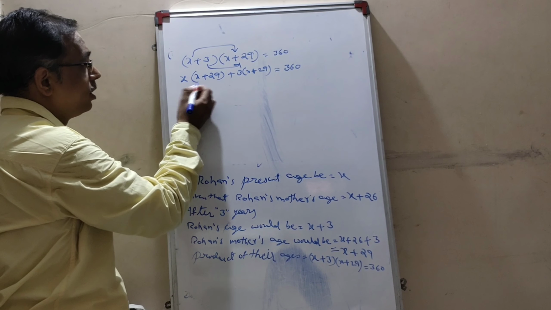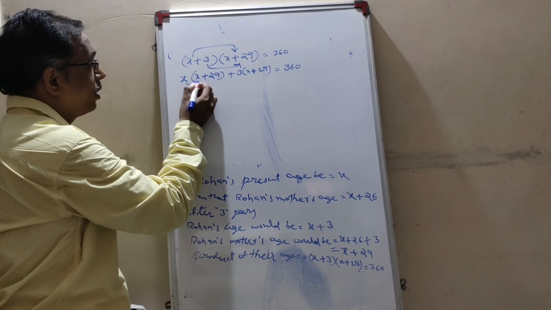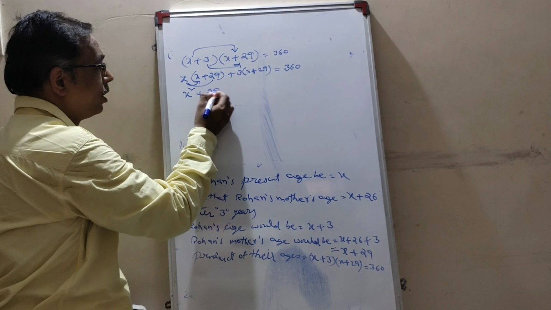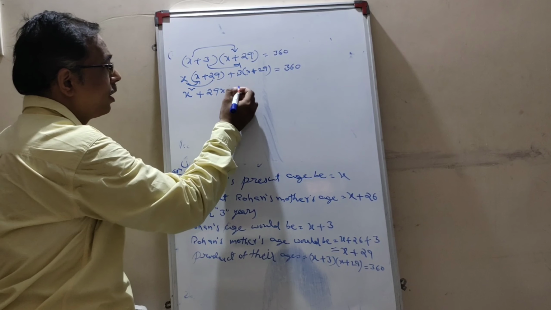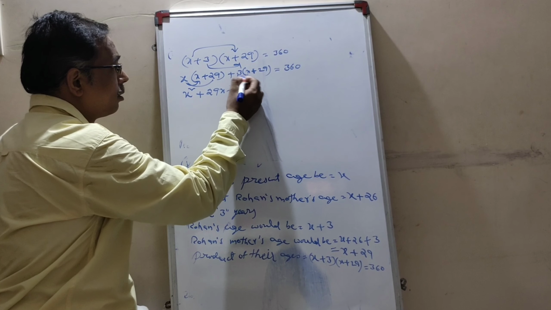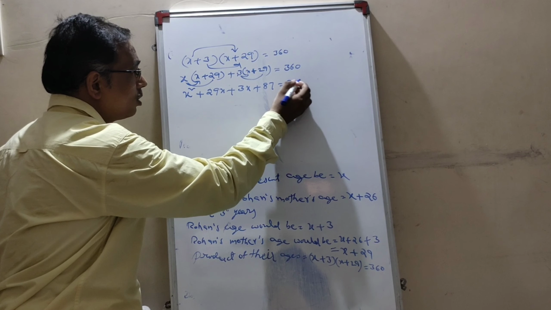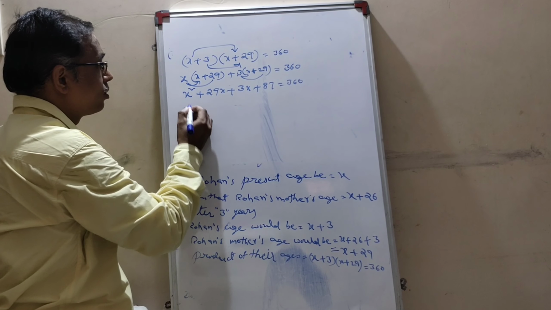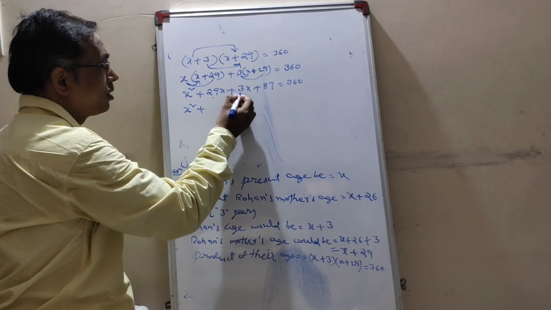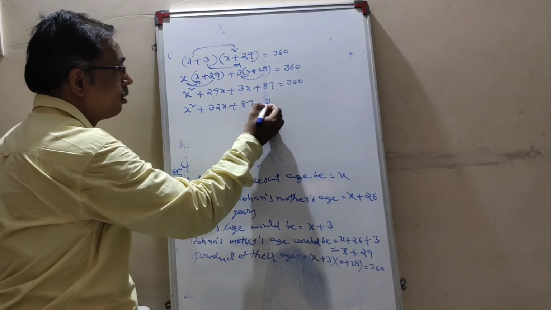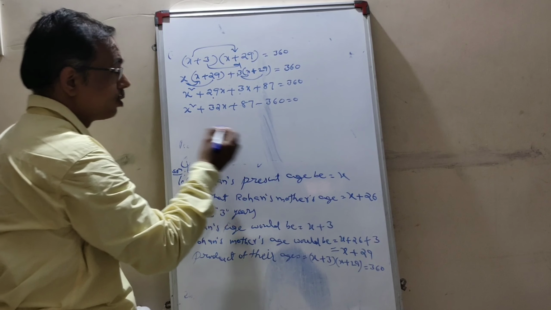Now multiply again individually: x into x is x square, plus x into 29 is 29x, plus 3 into x is 3x, plus 3 into 29 is 87, equal to 360. Now x square plus 29x plus 3x is 32x, plus 87 minus 360 equal to 0.